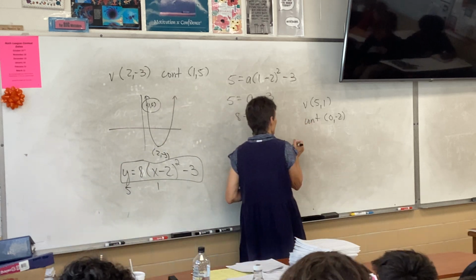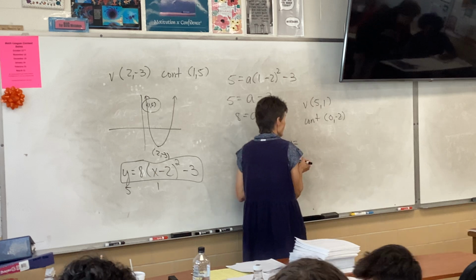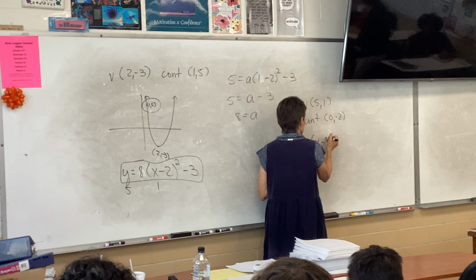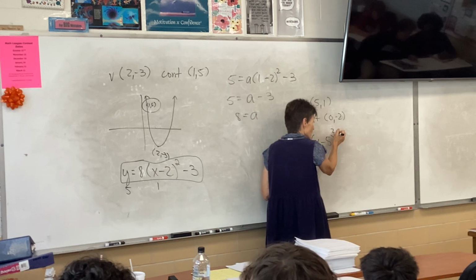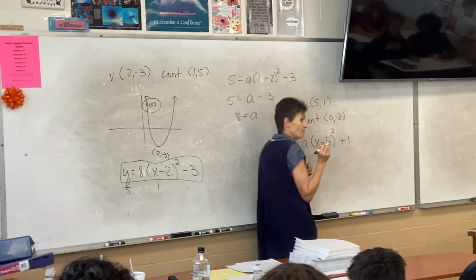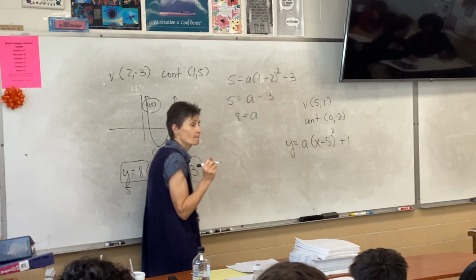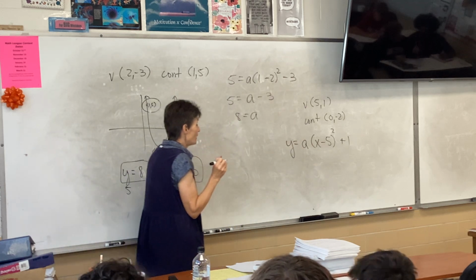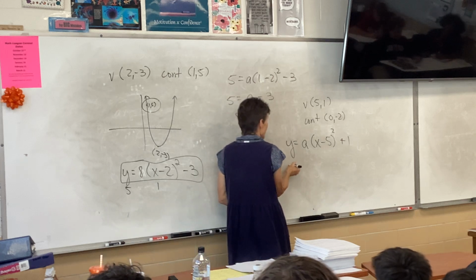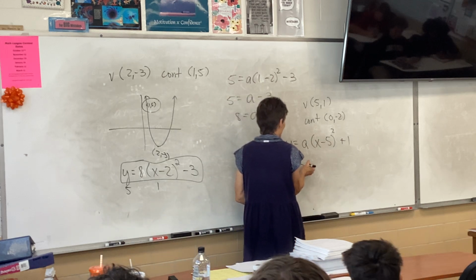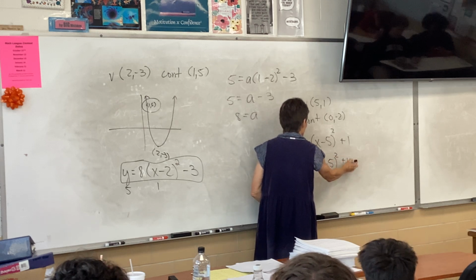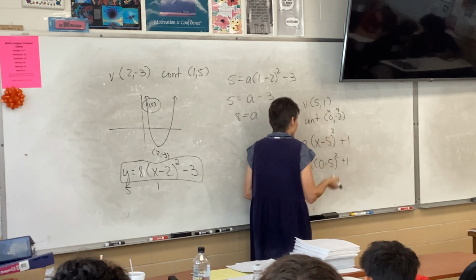What's our starting point going to be? y equals A times (x minus 5) squared plus 1. Then we'll put in negative 2 and 0, and make sure, guys, you're putting in x and y in the right spot.